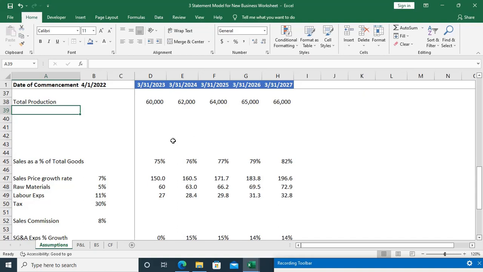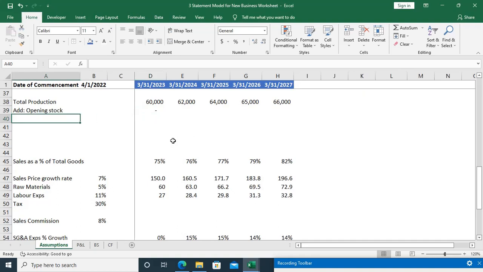If you just do add, opening stock was 0 in the first year.